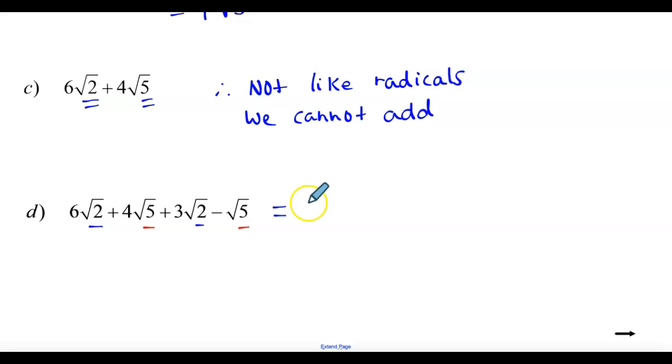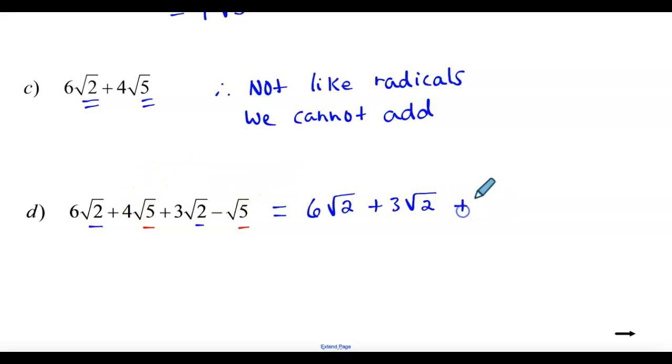So I'm going to rewrite this first as 6 times the square root of 2 plus 3 times the square root of 2. So now I've grouped my like radicals. Both of these have an index of 2, and both of them have a radicand of 2. Then what's left? 4 times the square root of 5 minus the square root of 5.